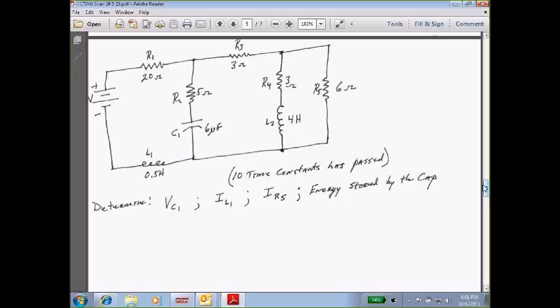Which means, if you recall, they would have to go back and find what the time constant is, whether we're charging the cap or the inductor, whichever one we're asking for. They'd have to figure out what the time constant is, and then they would have to figure out tau, and then they would have to use the exponential functions to find the voltages and currents at that particular instance in time. So a problem like this, there's lots and lots of possibilities of the questions that you could ask from a simple circuit like this.